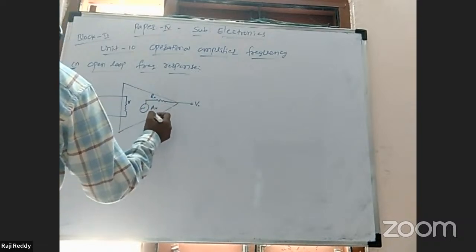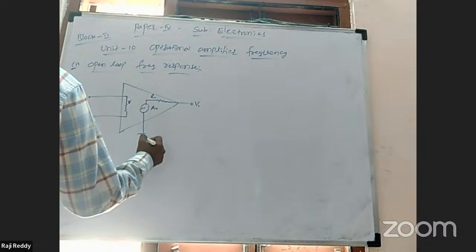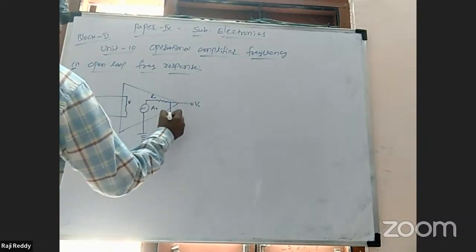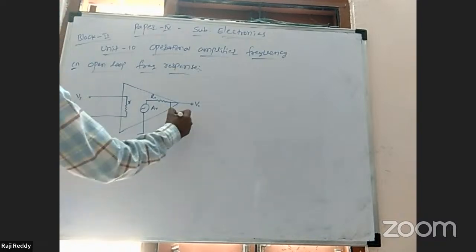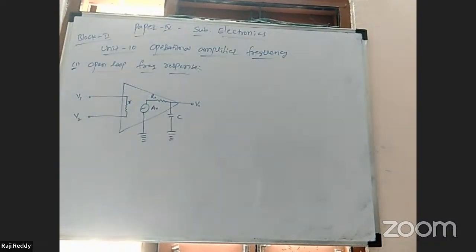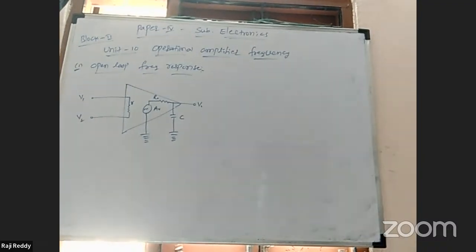This is R naught. Then you give the connection to ground, and the other one you give a parallel capacitor. This is C. So in the output, the combination with the resistance is in parallel.